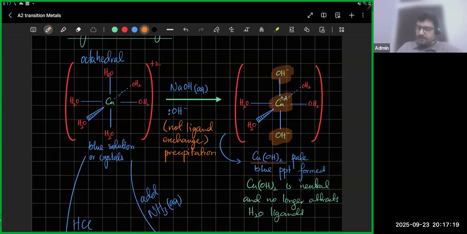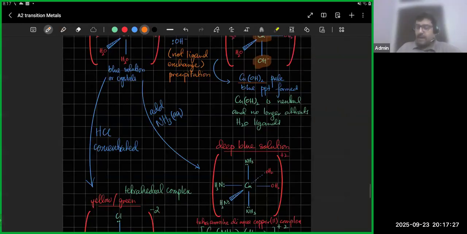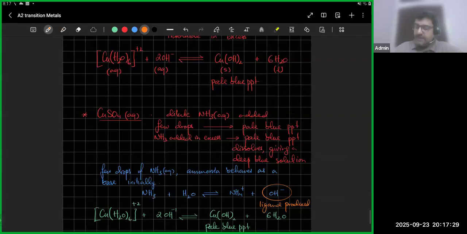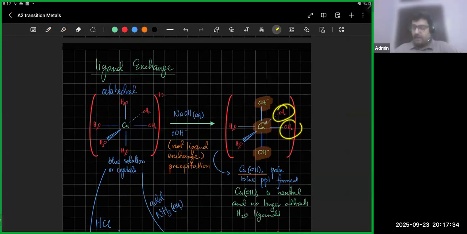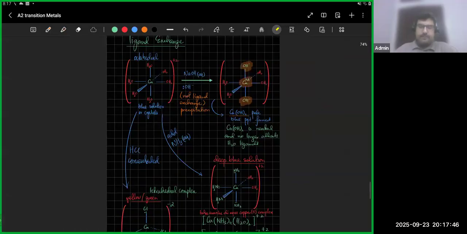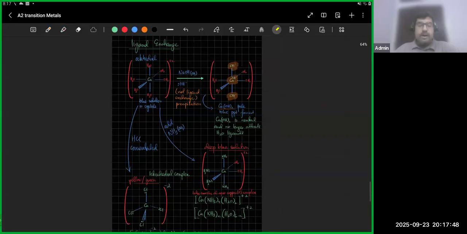The other ones are ligand exchange, where one ligand gets replaced by another one. In the OH one, the ligands eventually leave, and so that's not ligand exchange. So again, you just have to memorize this, and you have to know how to write the equation.